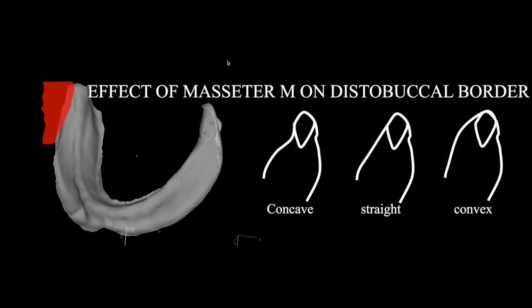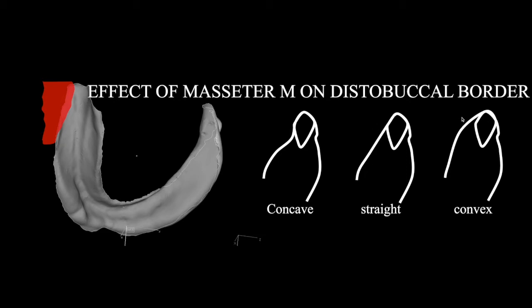The shape of the M-plane will be affected by masseter muscle activity. The red mark is the area of masseter muscle attachment, directly attached to the M-plane, and it depends on the muscle activity. When muscle activity is strong, it will be a concave shape because it's pulling a lot of muscle fiber, and medium will be a straight shape.